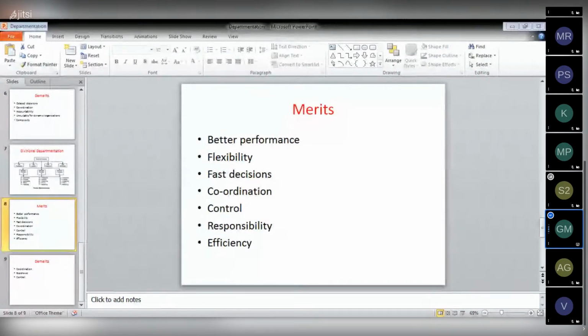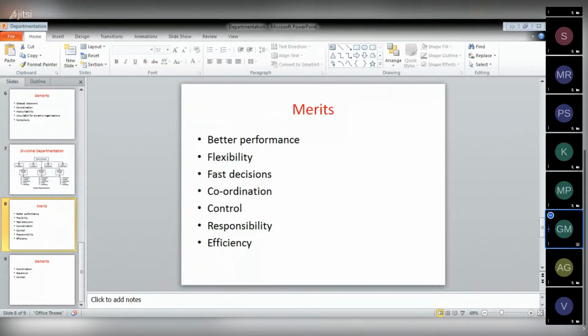So we were discussing the merits, right? When it comes to the merits: quick decisions, and coordination. It becomes easy for the manager to coordinate within the division. As the manager of a particular division, you have control over your divisional activities.